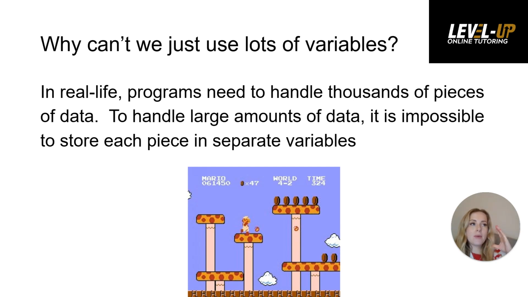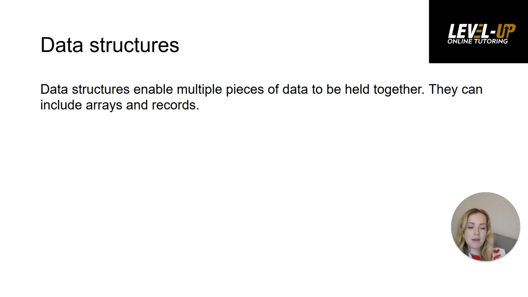If we even just take maybe the high score page, actually that would become really complex really quickly. So instead of giving each individual value a variable name and calling it name1, name2, name3, and so on, we could just call it name and set it as an array.